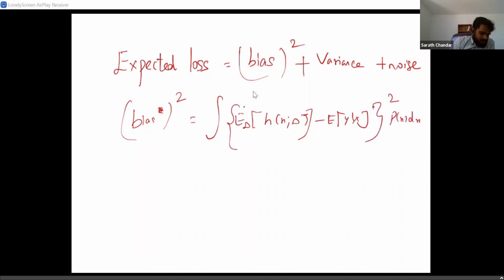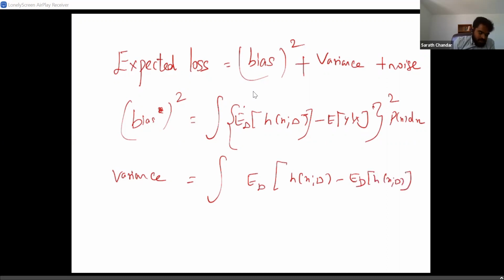And the variance is given by the integral of expected h of x, D minus the expected, the average solution, the whole square, p of x dx.